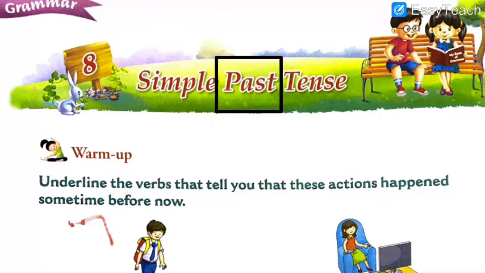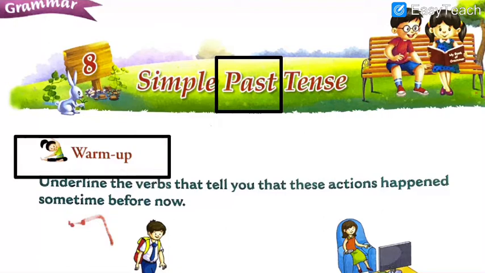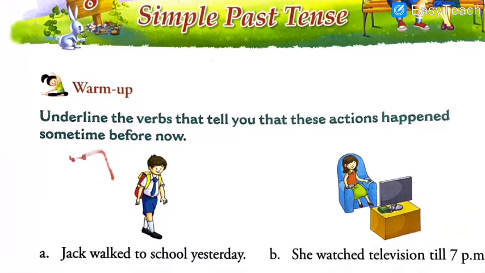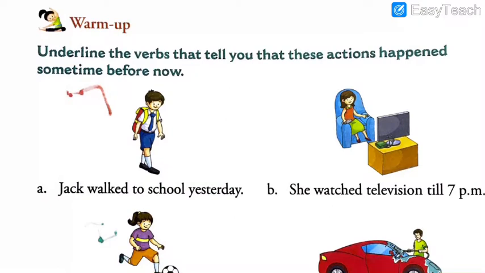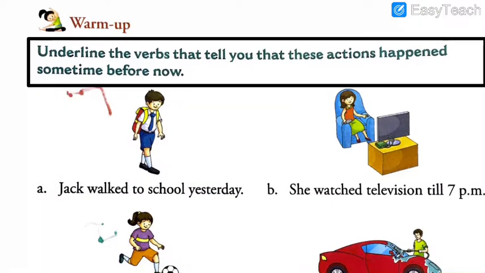So, that is what we are going to understand here through the warm-up exercise. So let us do the warm-up exercise before starting the chapter and any kind of explanation. What we have to do here is, let us read the instruction.